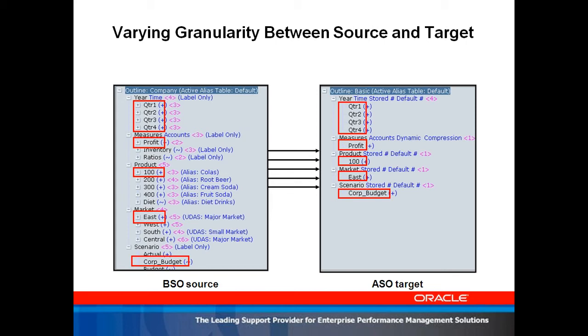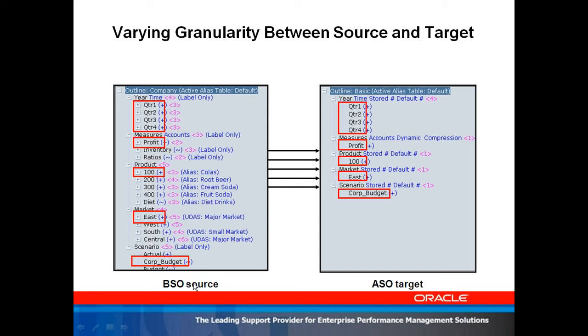When using ASO as a transparent target partition, it's possible to have different granularity in the source and the target. As you see here, my quarters have children, my profit have children, my product 100 has children, and East has children, all indicated by the plus sign to the left of those members in the outline.